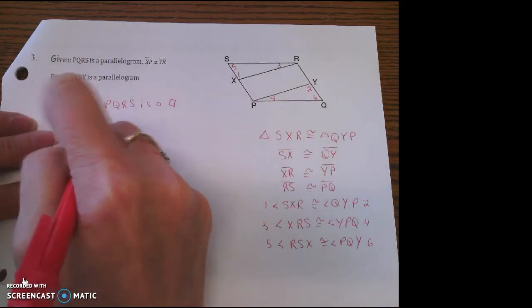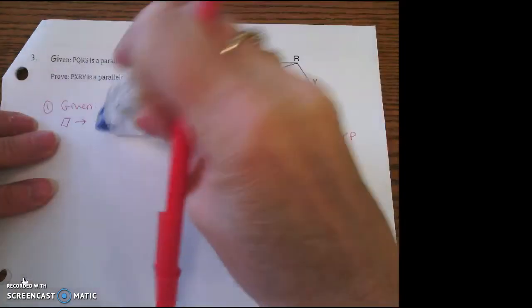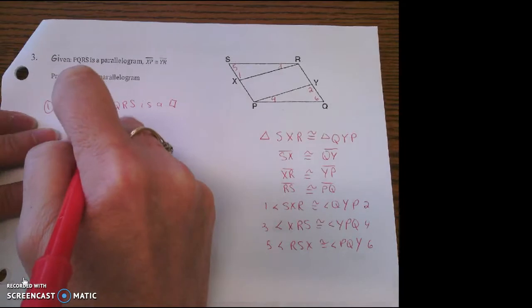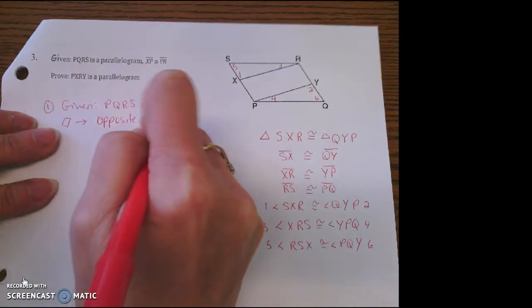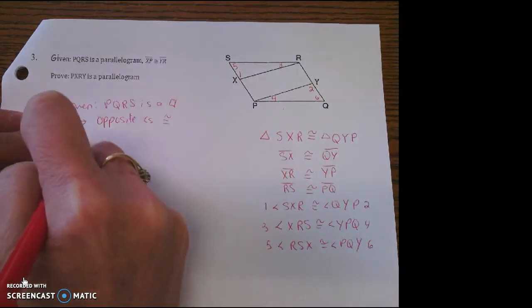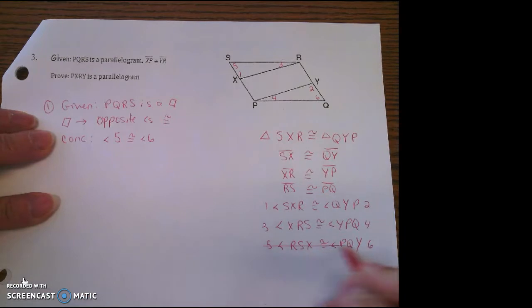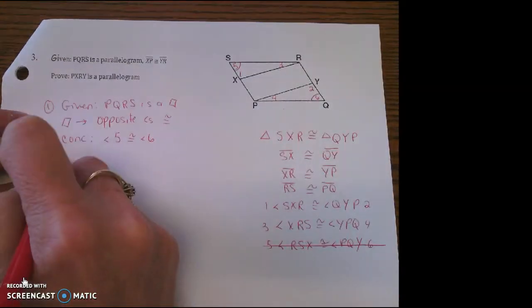So if parallelogram, then opposite angles are congruent. And then my conclusion, I can say angle 5 is congruent to angle 6. Beautiful. One part done.